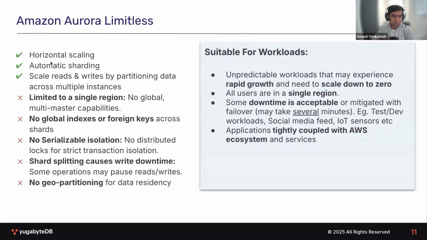It is best suited for unpredictable workloads with unexpected traffic bursts. And it is a good fit when your application is serving all users within the same region. It is suitable when some downtime is acceptable for non-critical workloads like social media feeds and IoT sensor data, similar to Serverless V2.